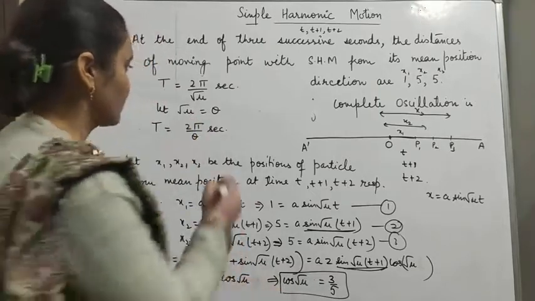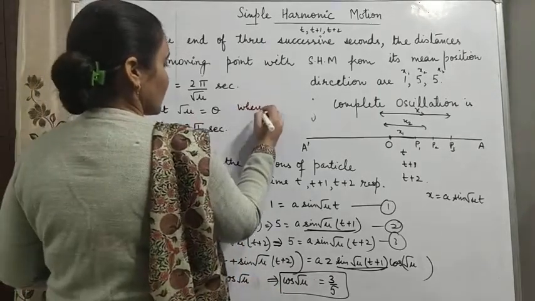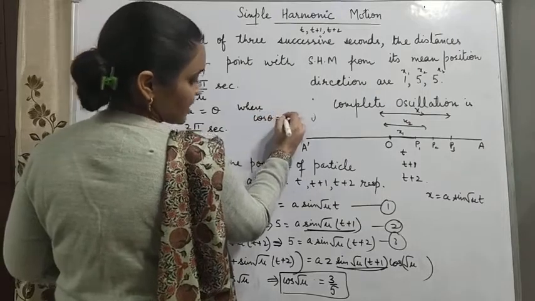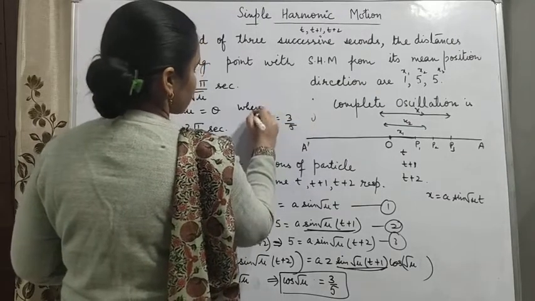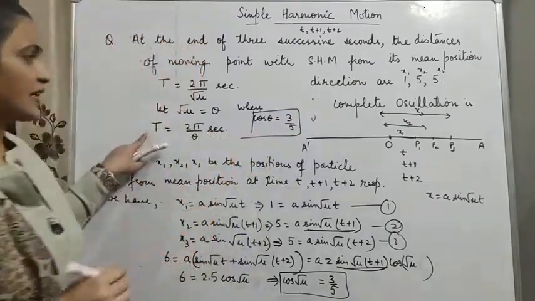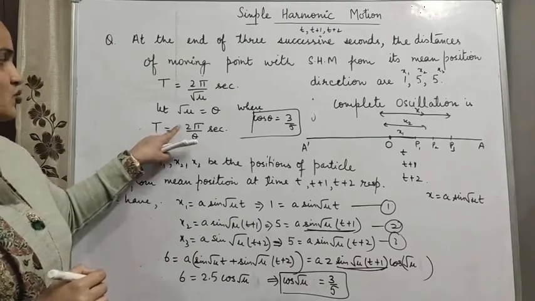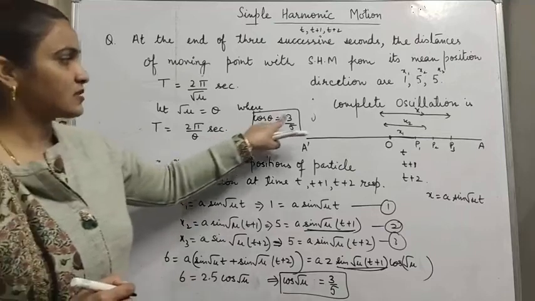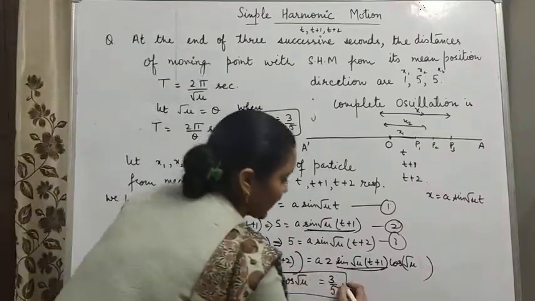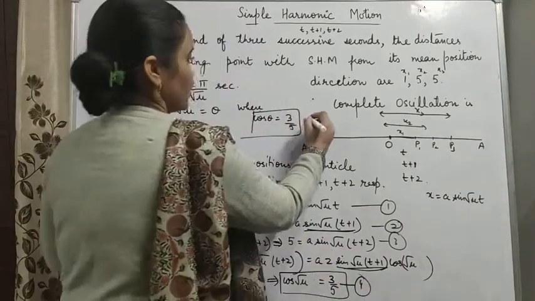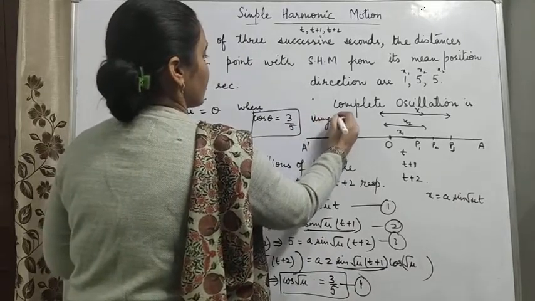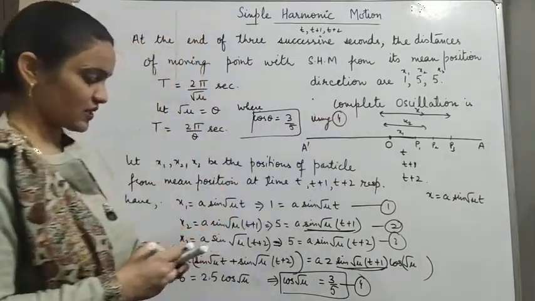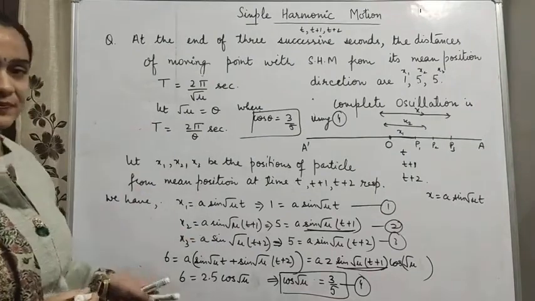So where cos theta is 3 upon 5. So this is what we wanted to prove, that the time period of complete oscillation is 2 pi upon theta seconds, where cos theta is 3 upon 5, using expression 4. Using 4. Clear? So this completes the question.